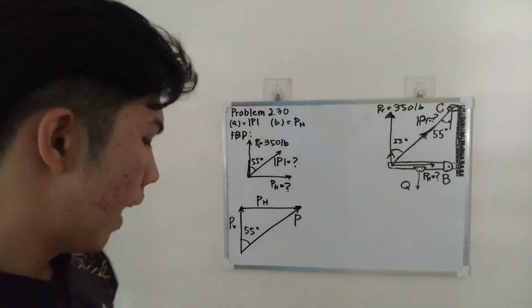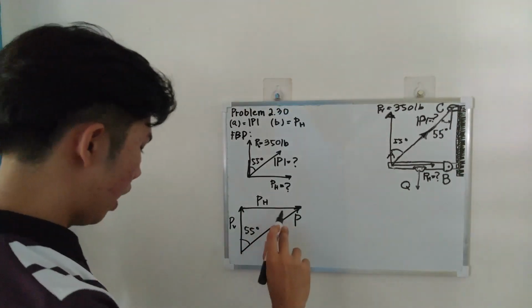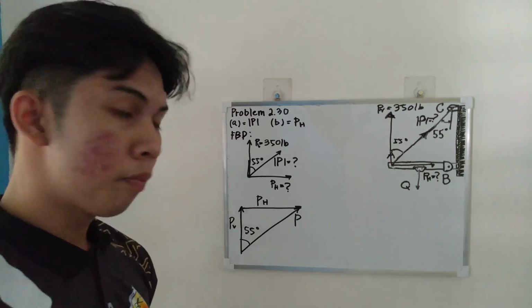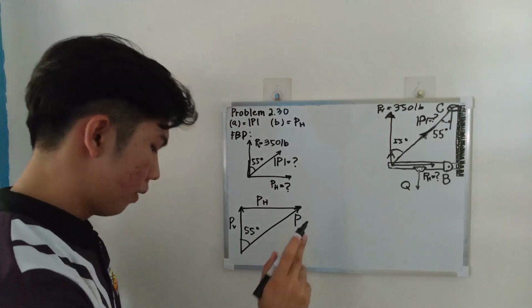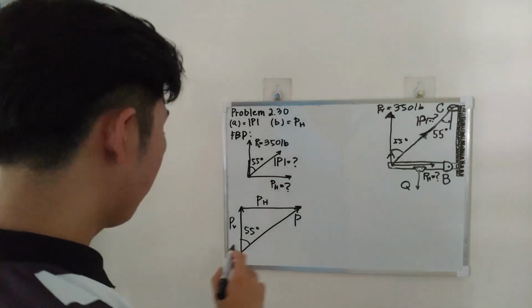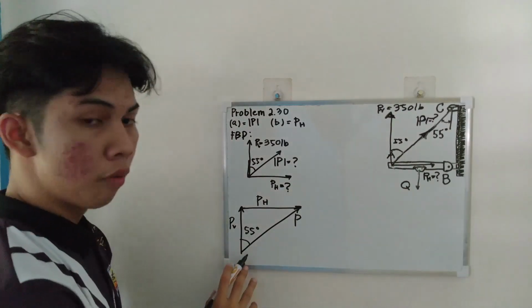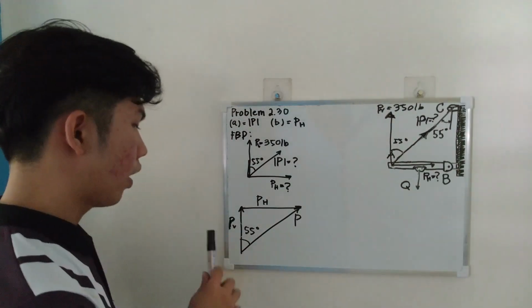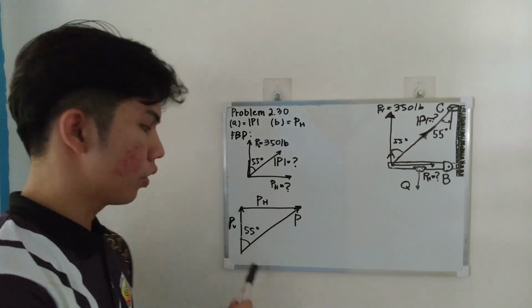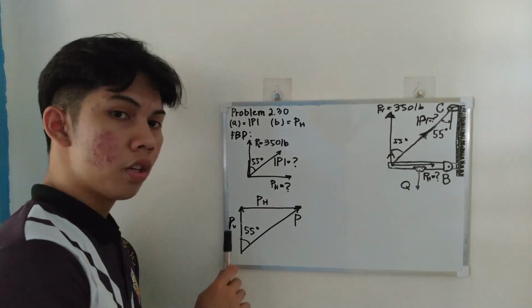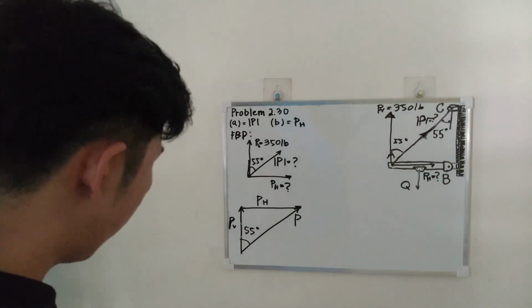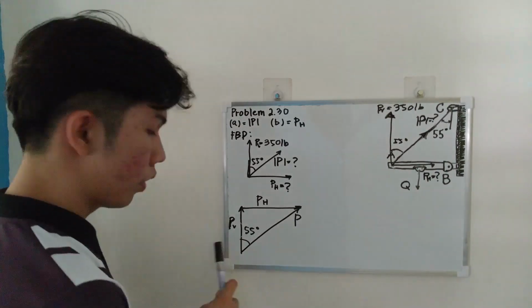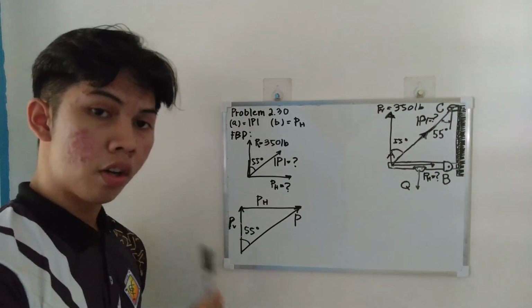Okay. So now we can say that PV and PH are both rectangular components of P. And this force P is making 55 degree with the vertical component. As we know, the component PV, which is adjacent to this angle, is always the cosine component.